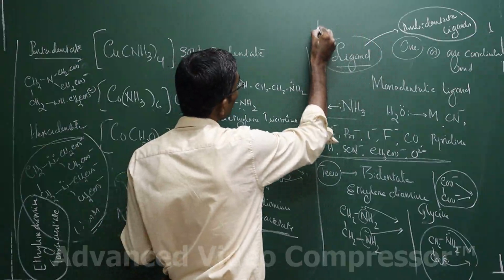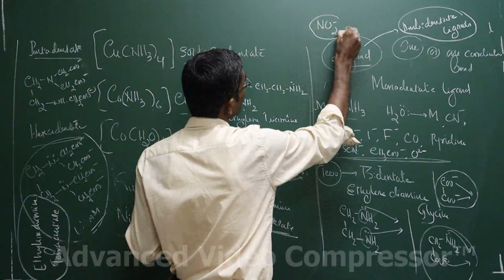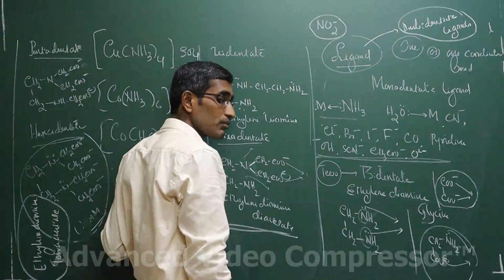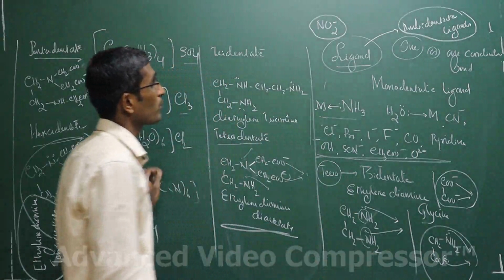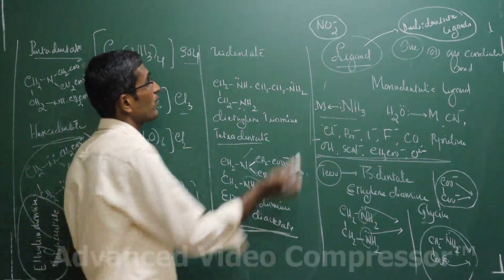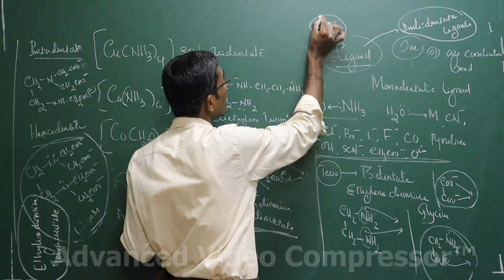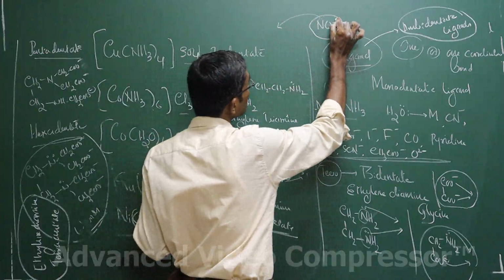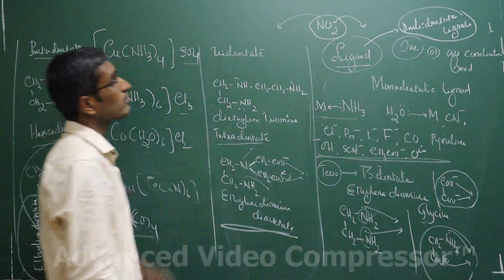For example, you have NO2 minus. If they ask you what kind of ligand it is, it is a monodentate ligand only, because it will make only one bond with the central metal ion, one coordination bond. But it has a choice now. Either it can employ nitrogen for making a bond with the central metal ion, or it can use its oxygen for binding with the central metal ion.